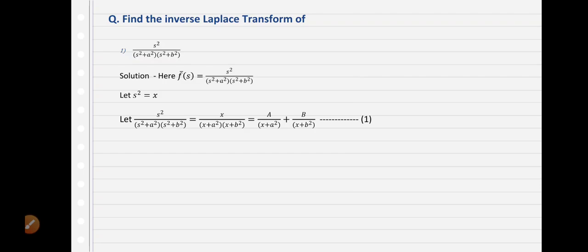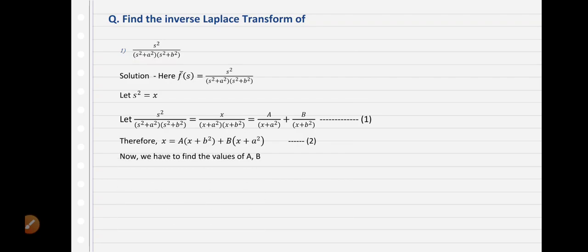So now it is very easy to find the values of A and B. First we have to take the cross multiplication of the RHS of equation 1 and compare or equate numerators. After cross multiplication we get x equal to A into (x plus b square) plus B into (x plus a square).